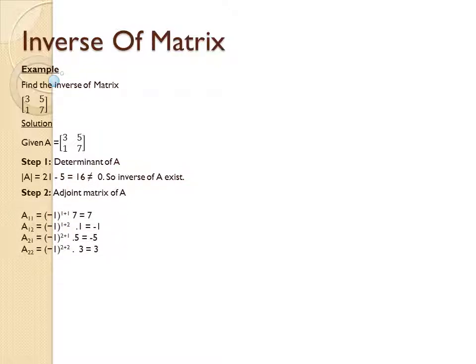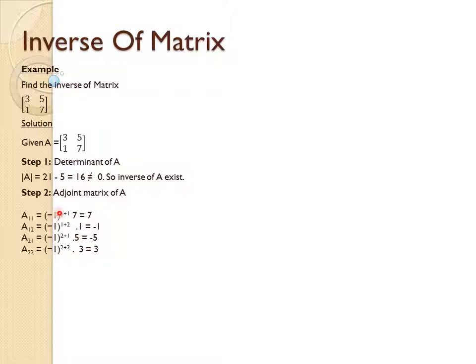Next step, I will find the adjoint matrix of A. How? A11 equals minus 1 whole to the power 1 plus 1. Why am I writing 1 plus 1? Because it is for row number 1 and column number 1. So the rule is minus 1 whole to the power i plus j into the term.